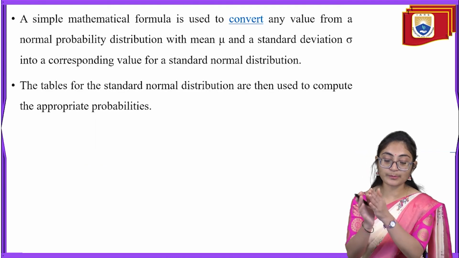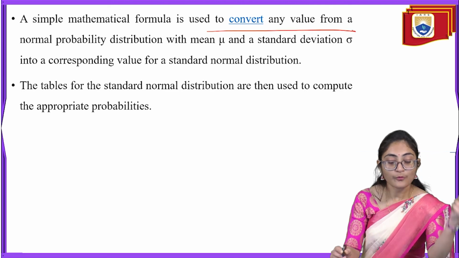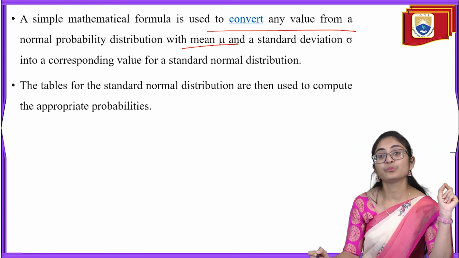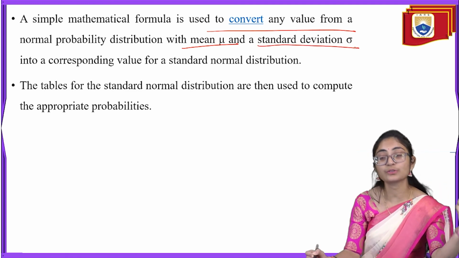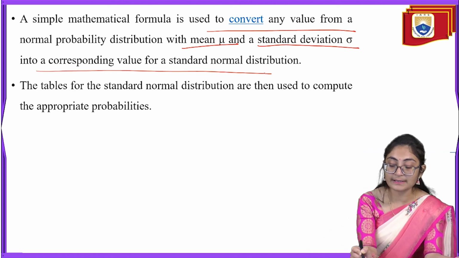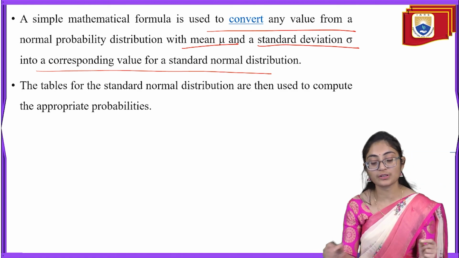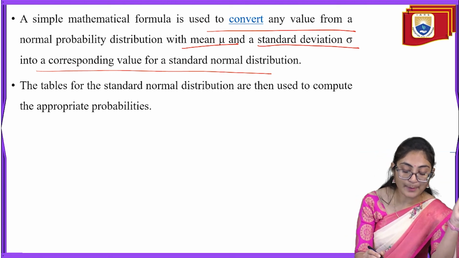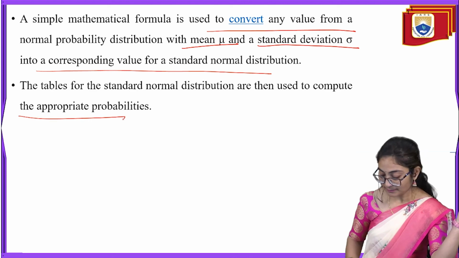And the simple mathematical formula is used for converting any value from a normal probability distribution with mean mu and standard deviation sigma into the corresponding value for the standard normal distribution. The tables for the standard normal distribution are used for computing the appropriate and specific probabilities for the events.